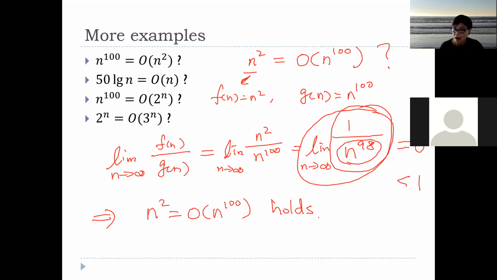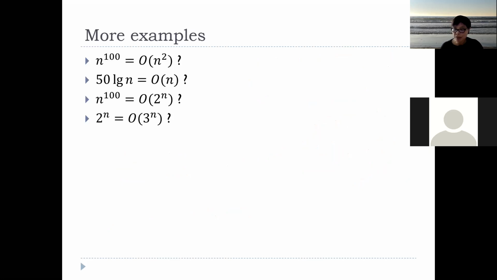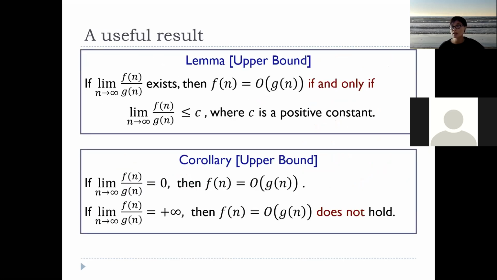In general, when you are given some functions and want to figure out their relation, you can either use the definition we introduced, or you can use this lemma, this equivalent definition in some sense.